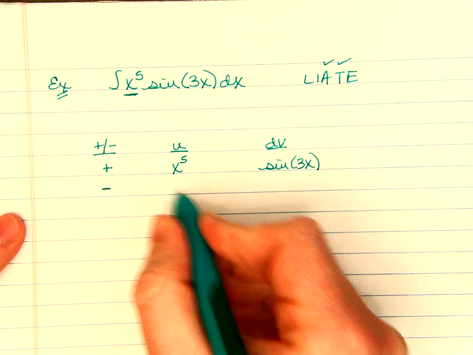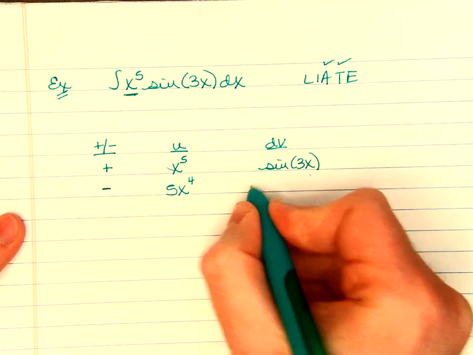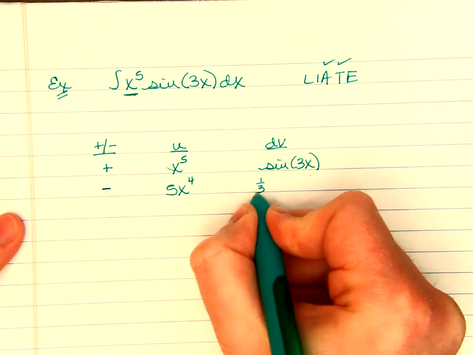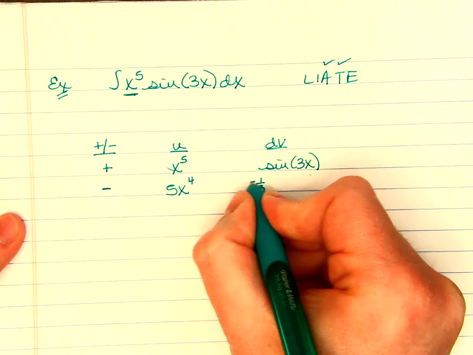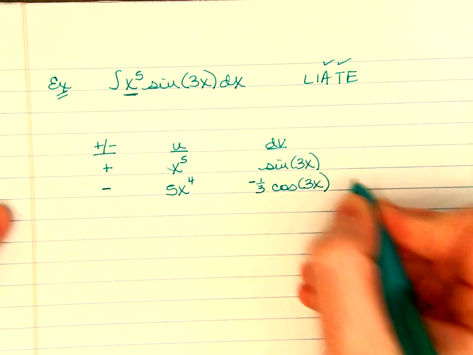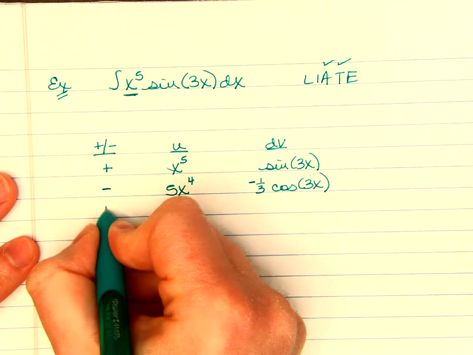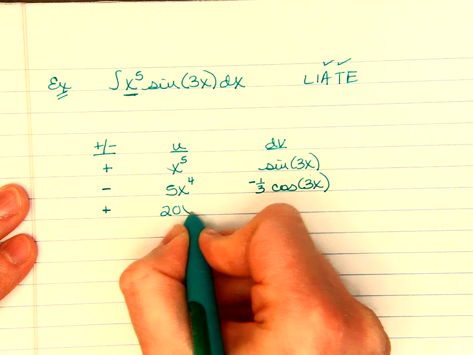Next row, minus, derivative of u is 5x to the 4th, and the integral is 1/3. Integral of sine is a negative cosine, so I'm going to say negative 1/3 cosine 3x. Next, plus. Derivative of 5x to the 4th is 20x to the 3rd.